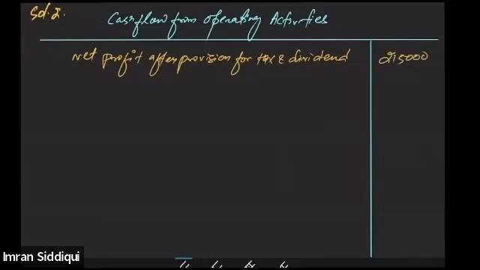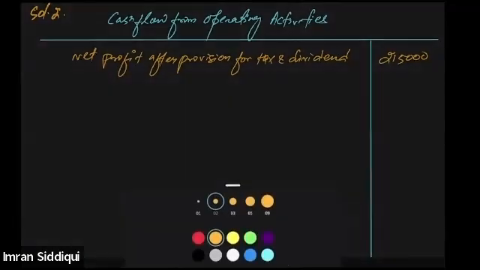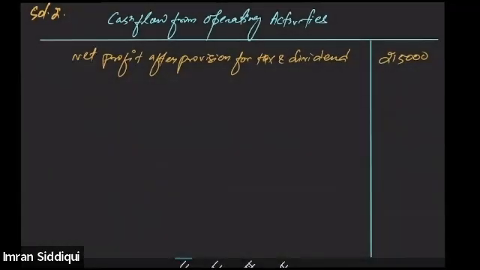All right, so this is the net profit after provision of tax and dividend. So, to find out the net profit before these, we will be adding the provision for tax that we must have subtracted earlier.